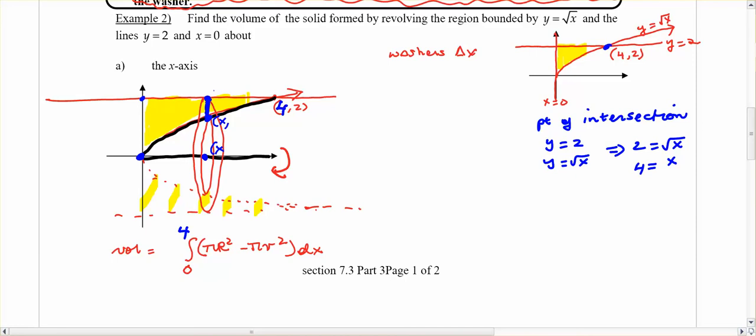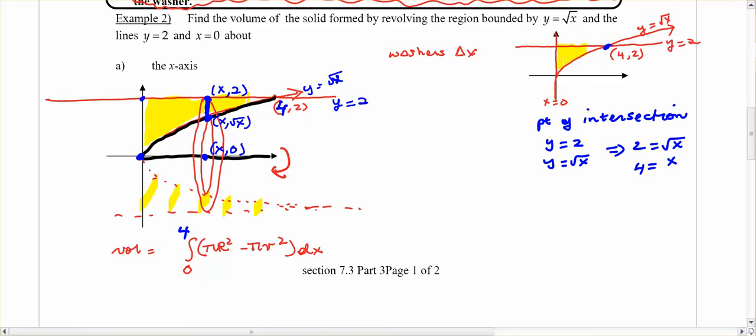That's a reminder that you're going to be working in x, and it's the y's that are different. The lowest, the center, has a y of 0. The inner rim has a y of root x, because that was the curve, y equals root x. And the outer rim has a y of 2 because it's on the graph of y equals 2.